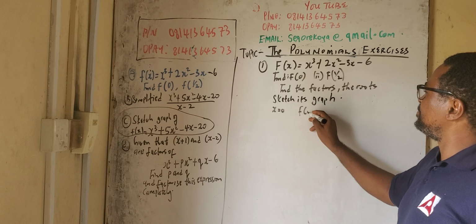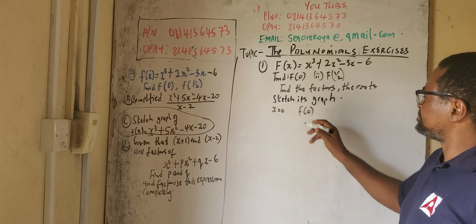Then f of 0 will be 0 raised to power 3 plus 2 times 0 raised to power 2 minus 3 times 0 minus 6. 0 raised to power anything is 0. Everything here will be 0, so you are left with minus 6. So that means f of 0 is minus 6.